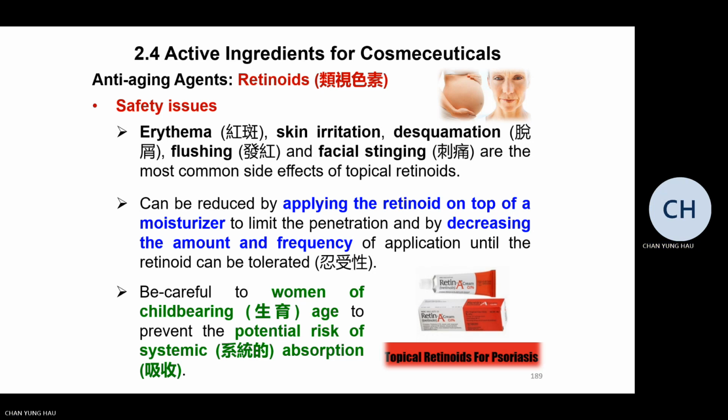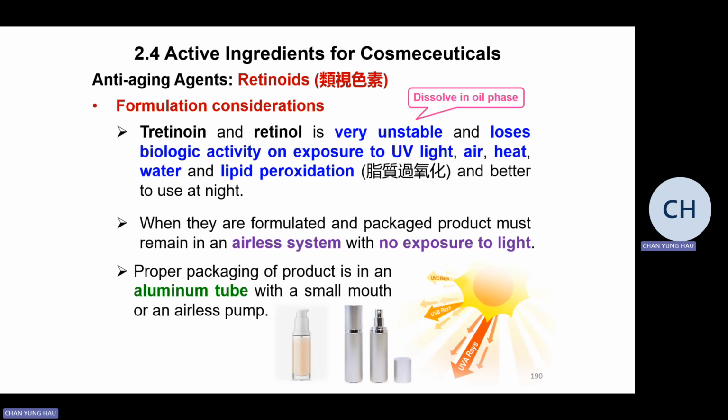In terms of formulation considerations, tretinoin and retinol are very unstable because they dissolve in the oil phase. They are prone to degradation when exposed to UV light, air, heat, water, and lipid peroxidation.